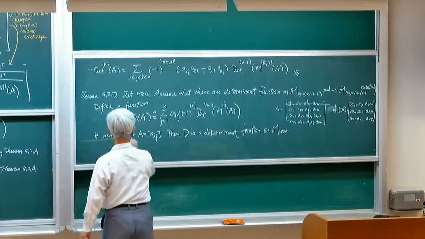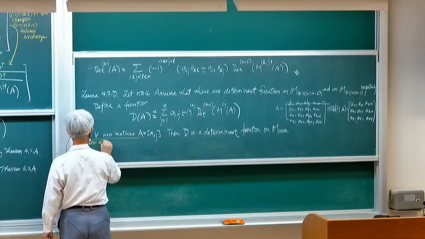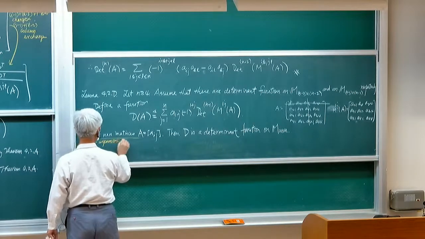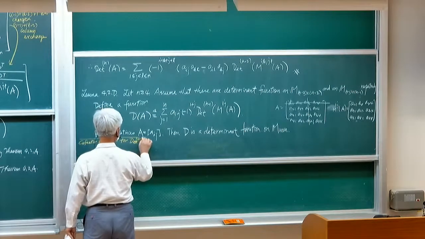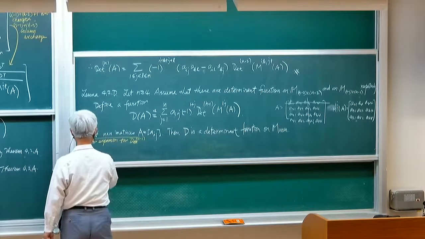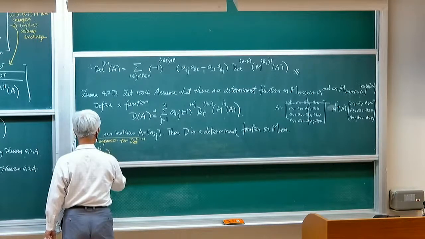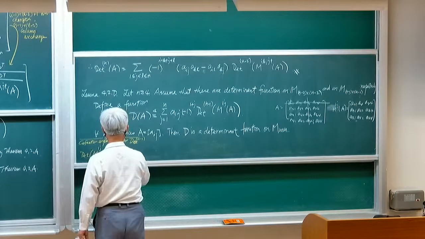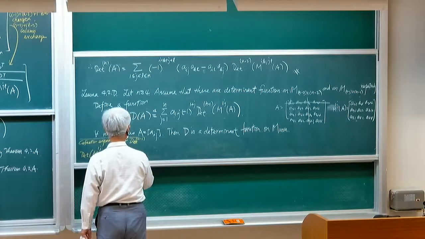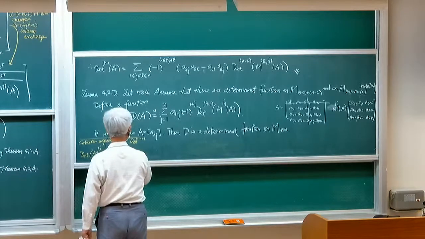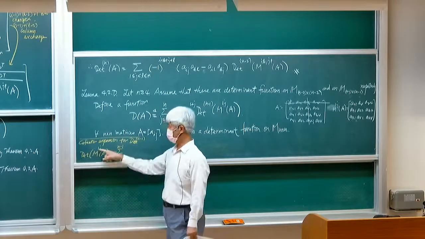Maybe I write here: cofactor expansion for the determinant function of minus 1, so that the determinant function of M1J A, you can do L from 1 to M minus 1, because this is a matrix of order M minus 1.